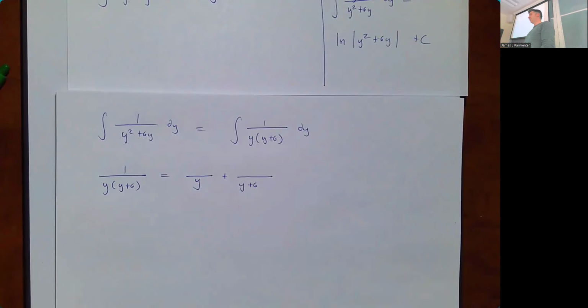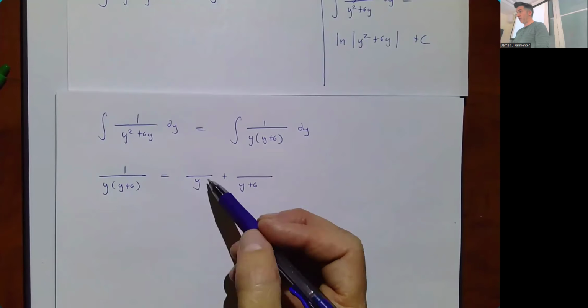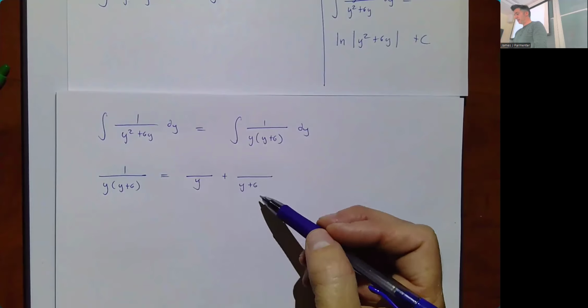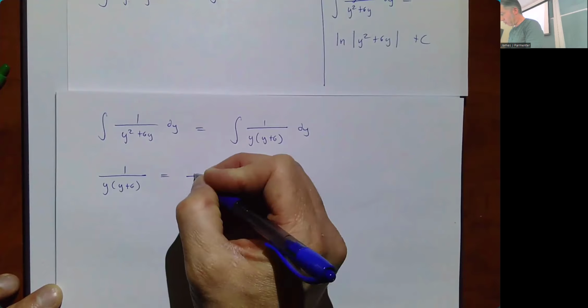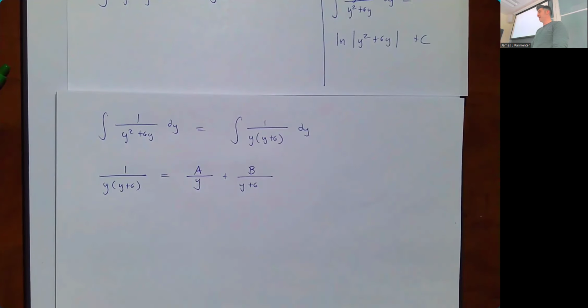And the reason those are the things we're writing is because you could add these together. You could get a common denominator by multiplying this part by y plus 6 over y plus 6 and this part by y over y to get whatever that is. But the thing we have to work on is we don't know what the numerators are. So we're going to call them a and b, and our job here is to solve for a and b.